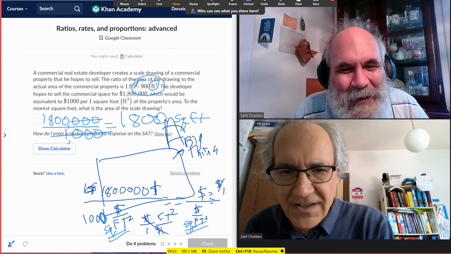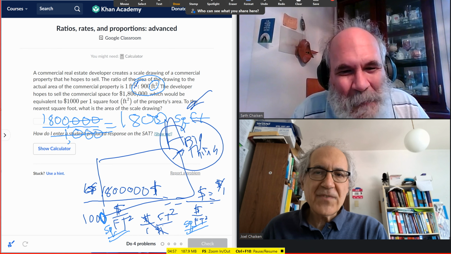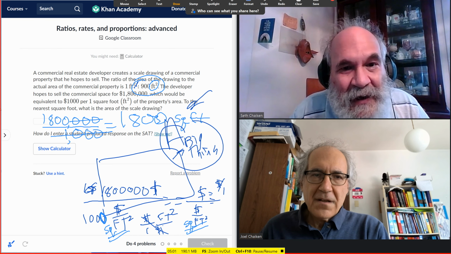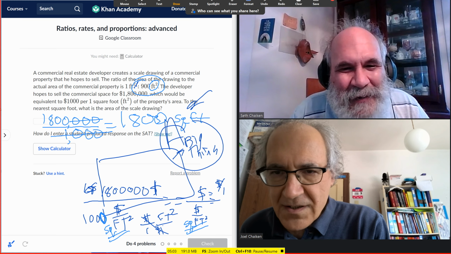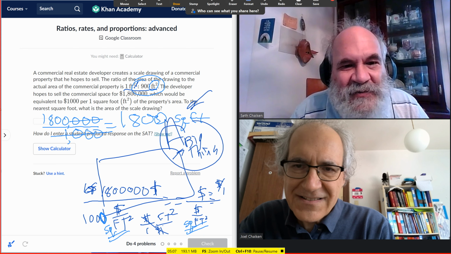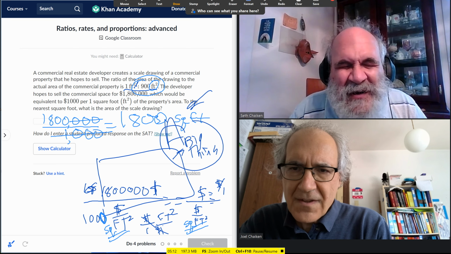This is what we need. We need the area of the big thing. And if the area of the big thing is 1,800 square feet, then the area of the small thing is 2 square feet. I mean, you can sort of see that, right? Why not? But let's not cut corners. There are two 900s in 1,800. That's right.